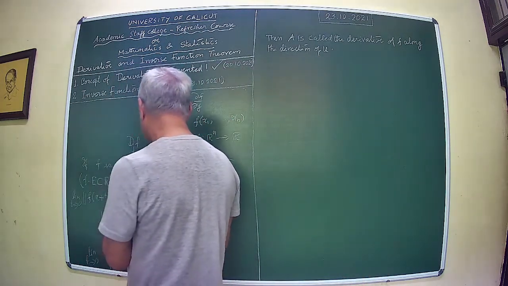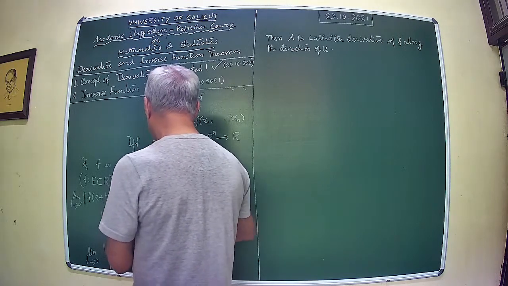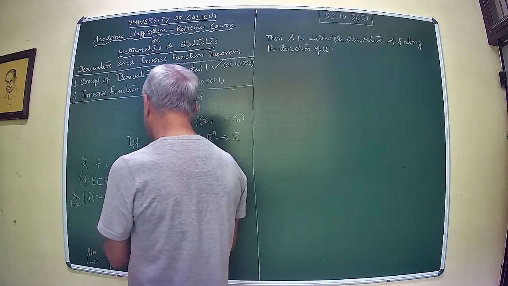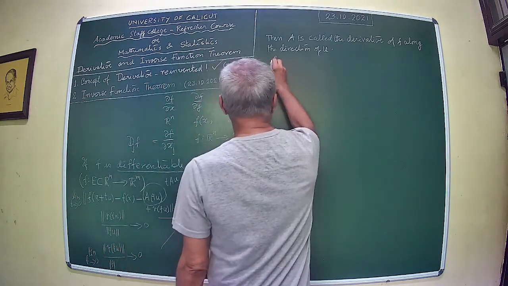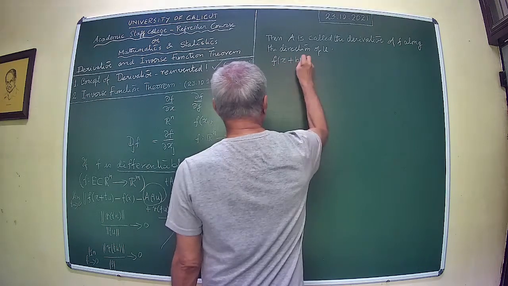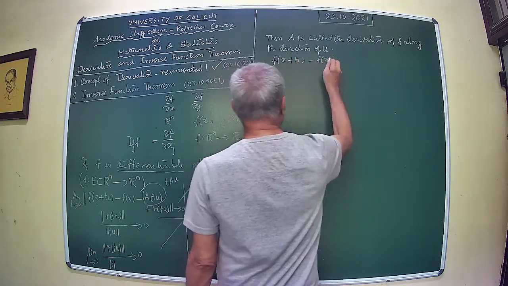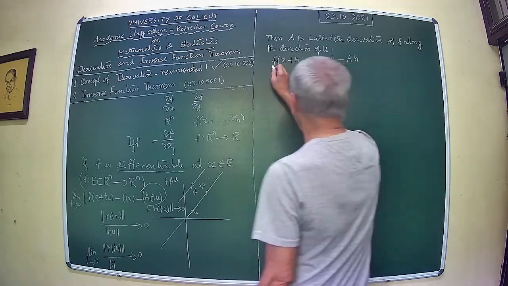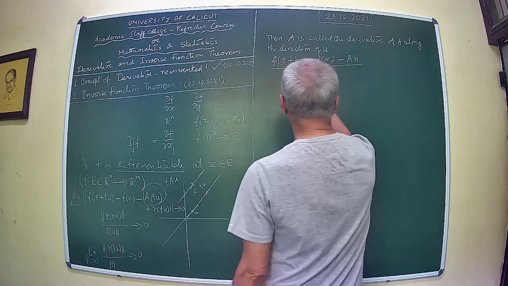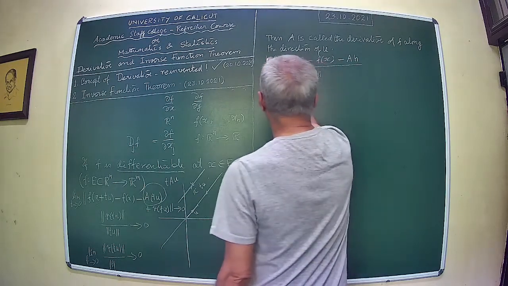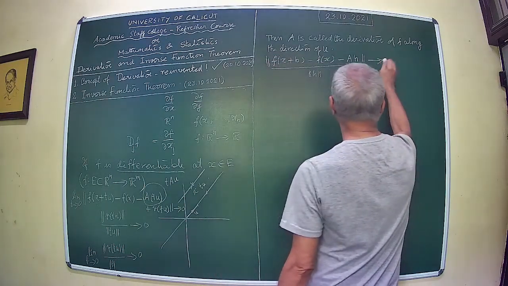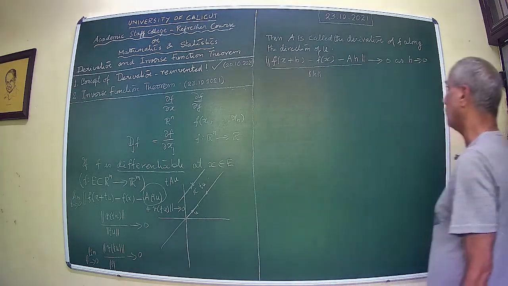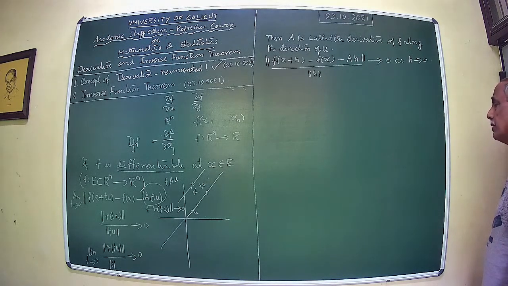So f of x plus h minus f of x minus Ah goes to 0. This is what you call the existence of the derivative.